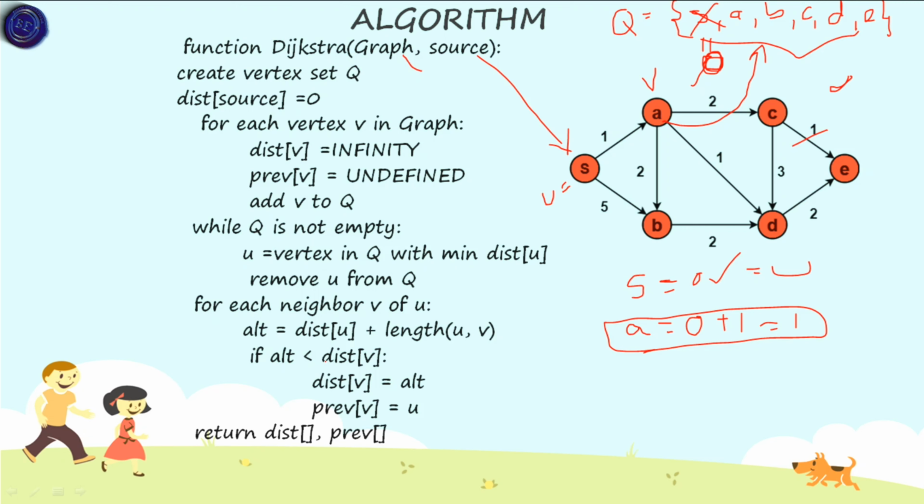If alt is less than distance of V, actually what is the distance of V we took? It is infinity. So here I explained, the distance of V is actually infinity, but we find the distance of A. So what is the minimum distance among alt comma distance of V?